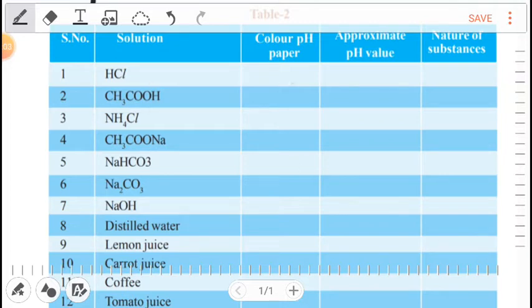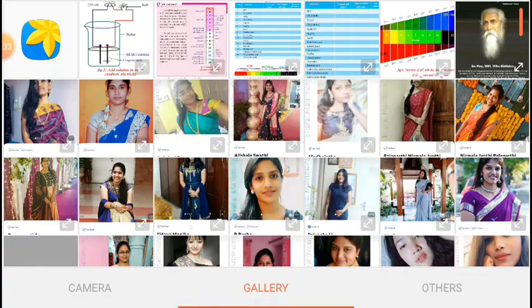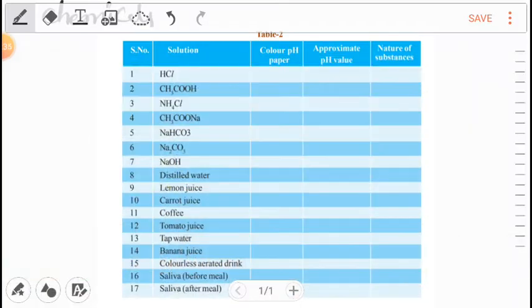HCl, we know it has pH value 1, we saw in the experiment. Acetic acid pH value 3, we saw in the experiment. Like that you can write your observations and fill this in. It is homework for you. Based on these pH values we can analyze acids, bases, and salts.